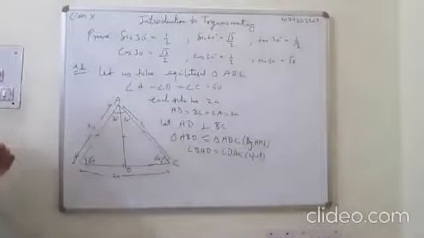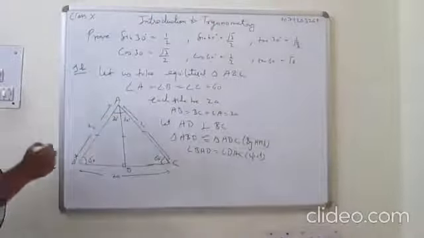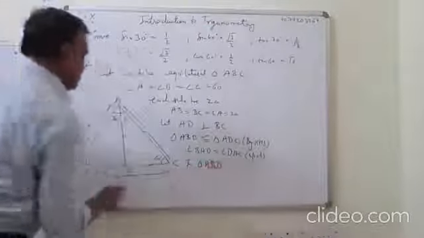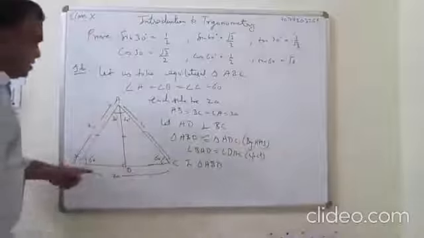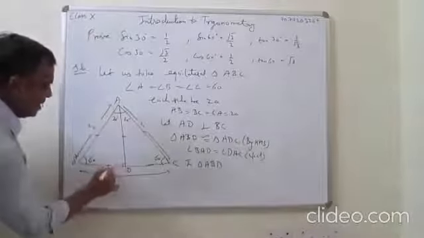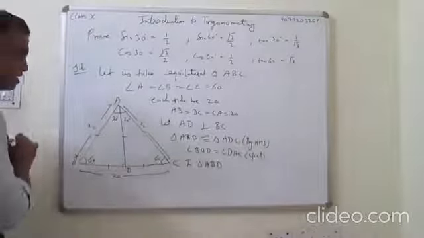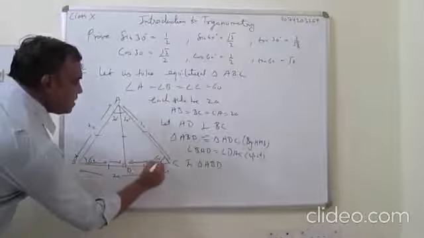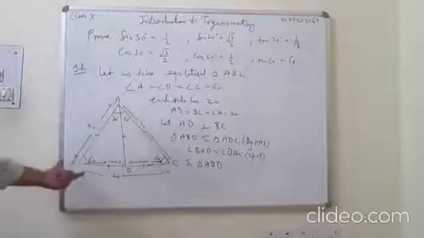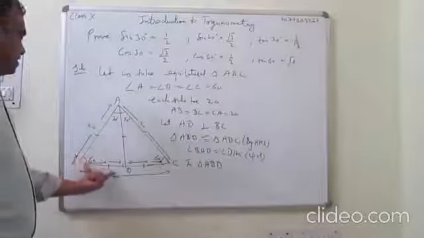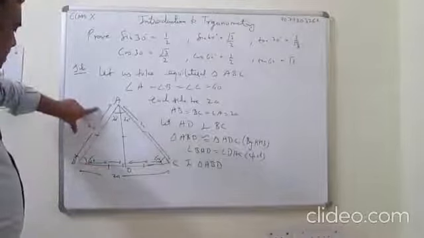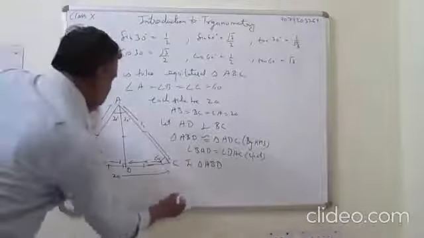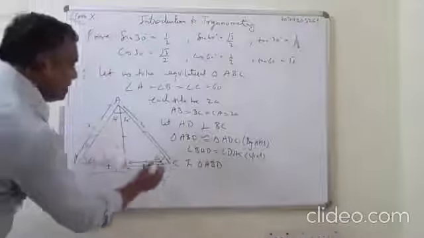So these angles are equal, so it is 30 degree. Now I take triangle ABD. BD equals DC, also by CPCT, and this is A, and this is A. In triangle ABD, BD is equal to A, AB is equal to 2A. So we can apply the Pythagoras theorem.